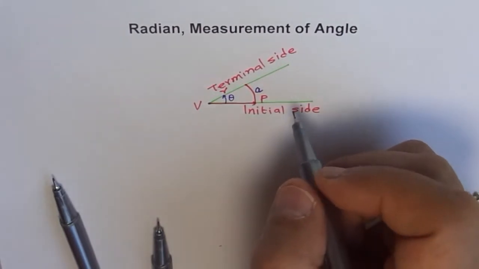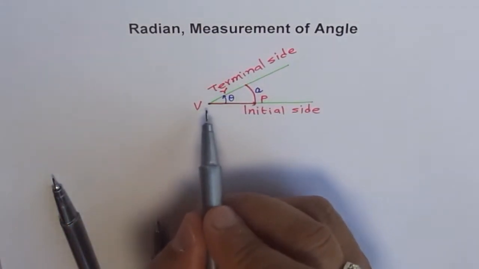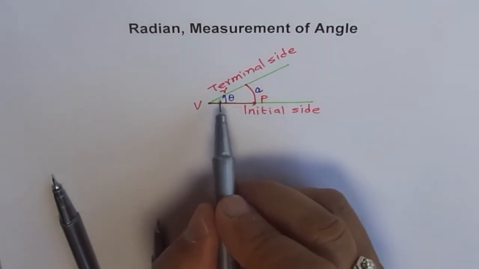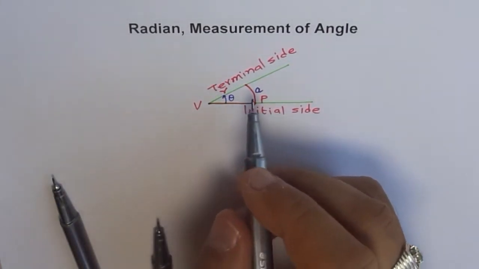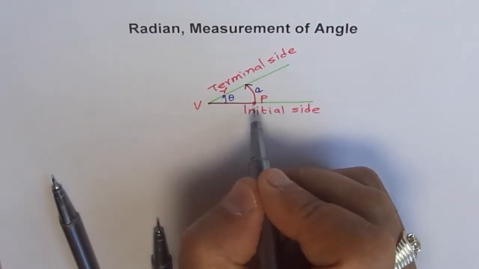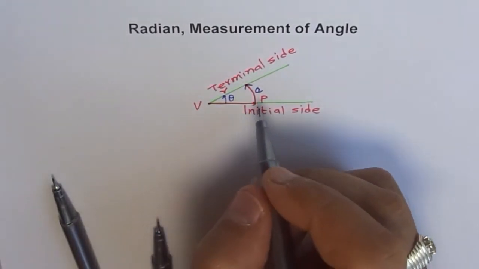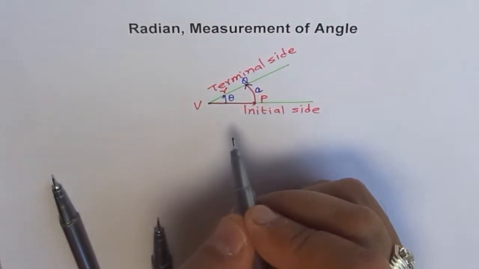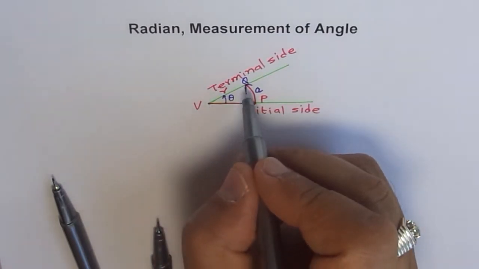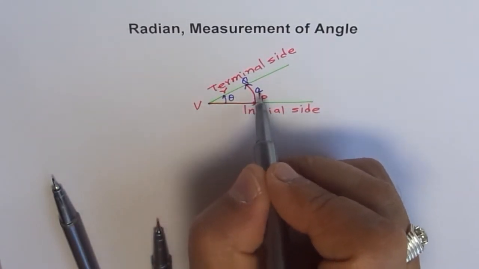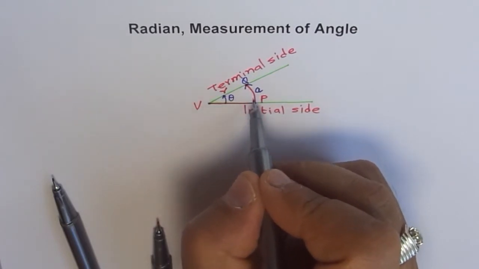Okay, so what we did was we took an arm along the side of the initial side with the radius of r, and we rotated it in which direction? Counterclockwise. We rotated it counterclockwise, and now let us say that it comes to position Q. So when it comes to position Q, at that time A is our arc, and let's say A is the length of this arc, correct?